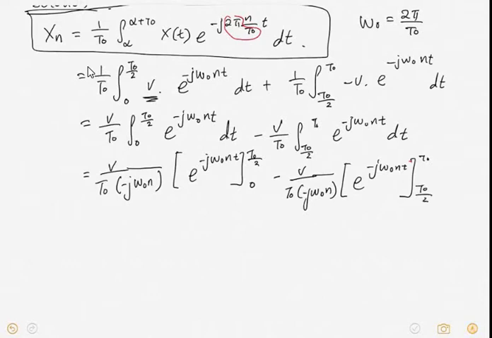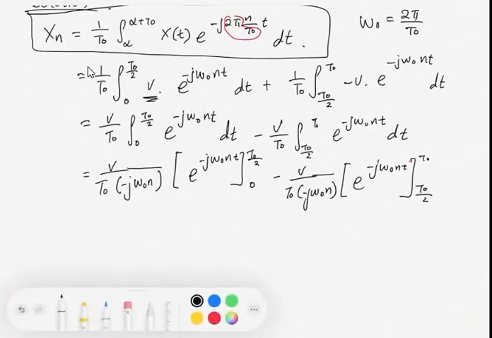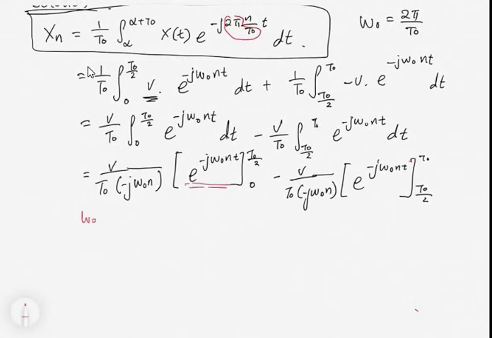Okay, so I substitute the value. Let's substitute this part. You know that omega naught is 2 pi over T naught, so I substitute this whole thing.